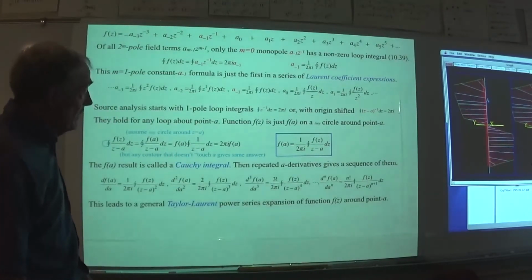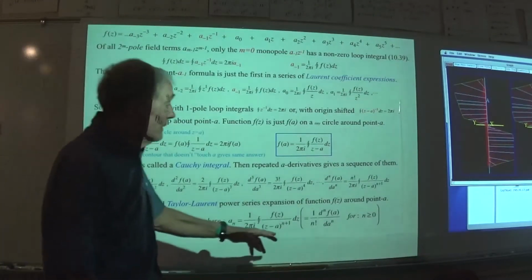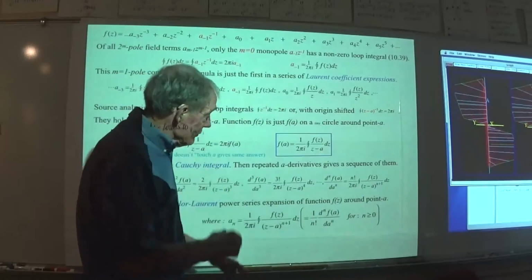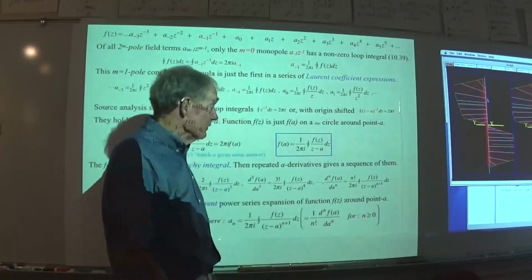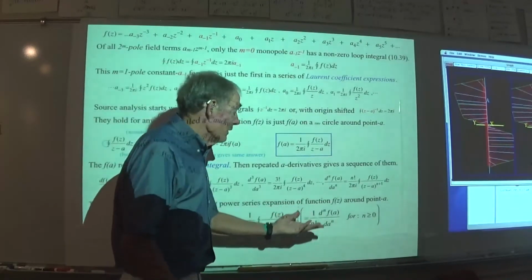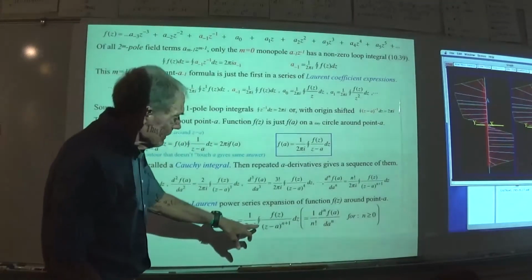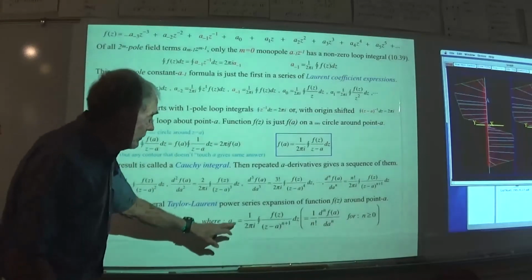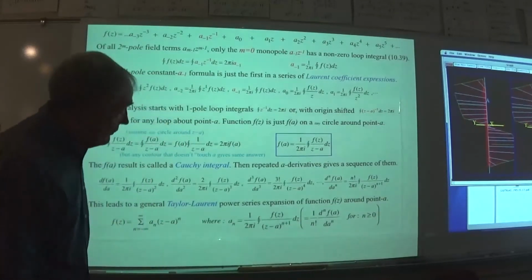And that gives you a Taylor-Laurent power series. Now, for n greater than 0, it's just 1 over n factorial times the nth derivative of the function. So that's a Maclaurin, or Taylor if you were moving the a value around a function. So the coefficients are obtained that way for n greater than 0, but for n less than 0, they are these integrals.